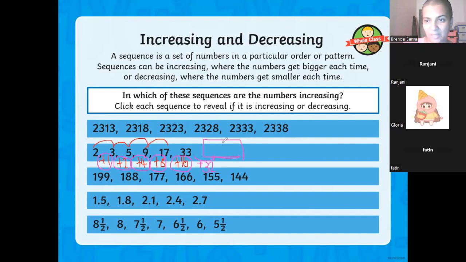Very good, Fatin. How about Ranjini and Gloria? Did you get it? So you see the pattern is increasing, isn't it? So now 33 will add with 32, giving you 65.